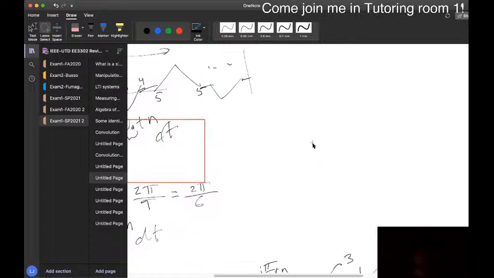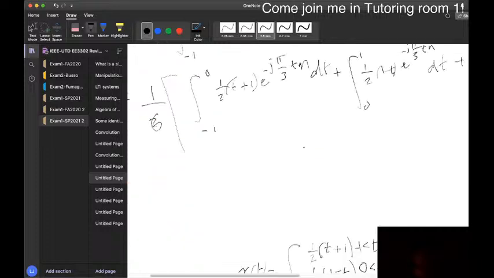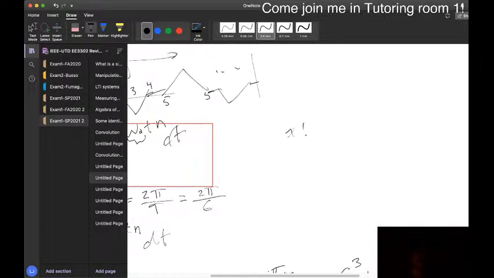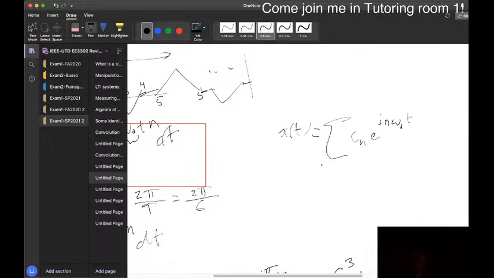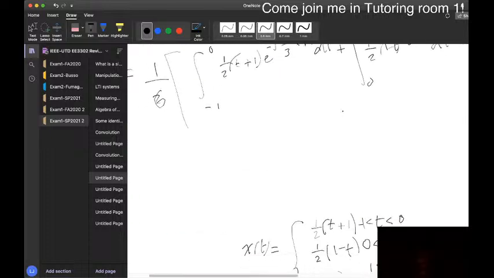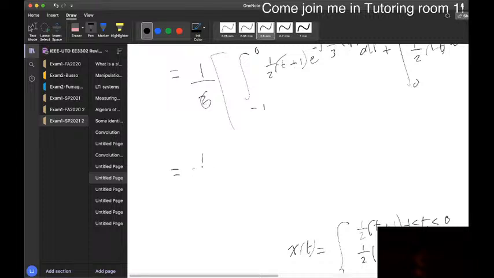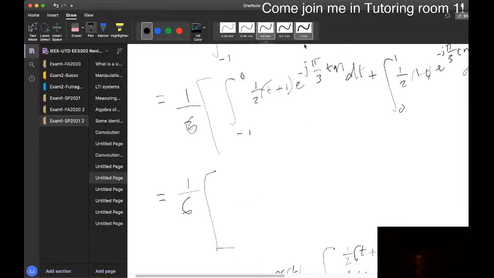Because remember our synthesis equation, that's what they call it sometimes. I remember x of t is the sum of Cn e to the j n omega not t, from n equal to negative infinity to infinity. Yeah, so let's go ahead and do these. 1 over 6. So 3 over pi.